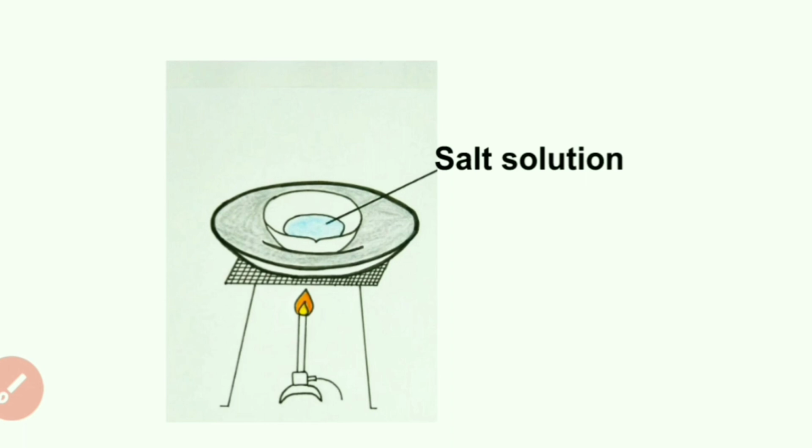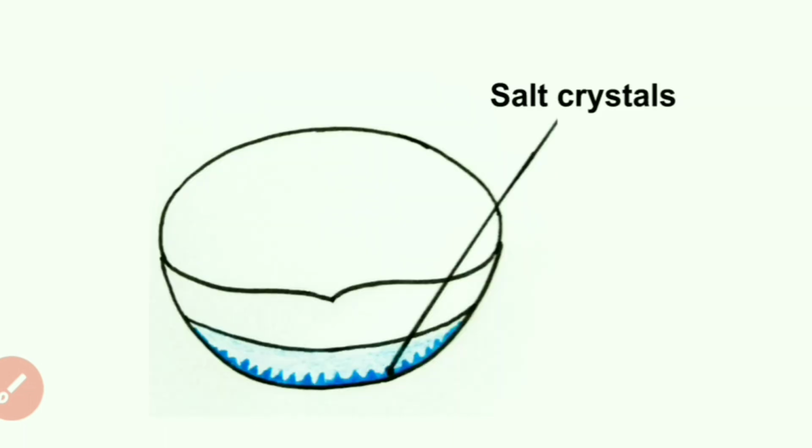When the solution cools slowly, we will see that small fine crystals are formed at the base of the container. These crystals are then filtered out with the help of a filter paper and are dried over the filter paper.